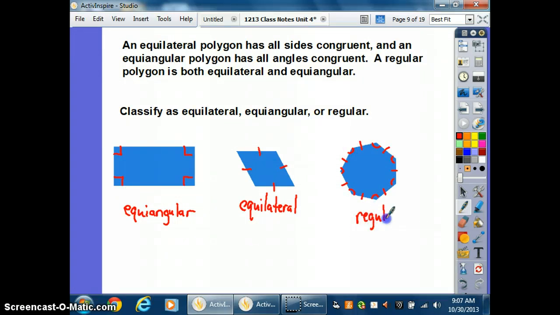By the way, this is a 7-sided figure, and this is called a regular heptagon. To be specific, this was called a rhombus, and this was a rectangle.